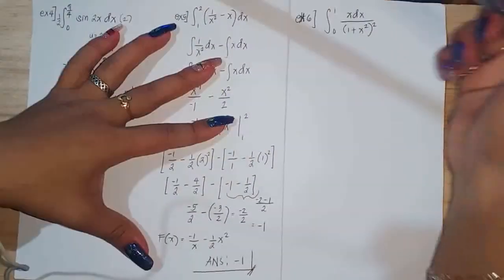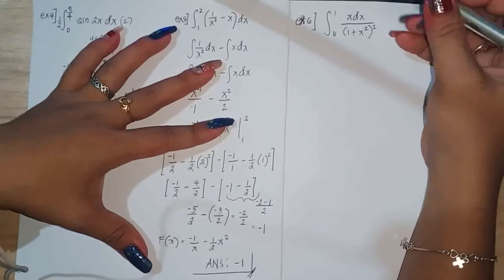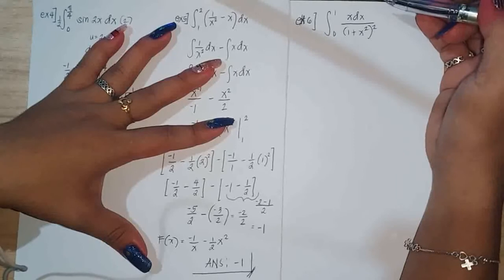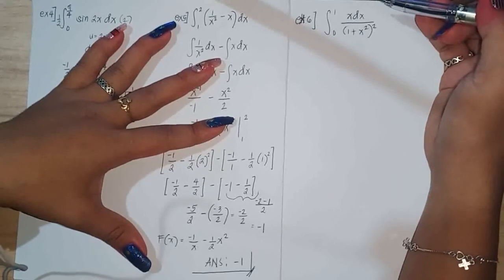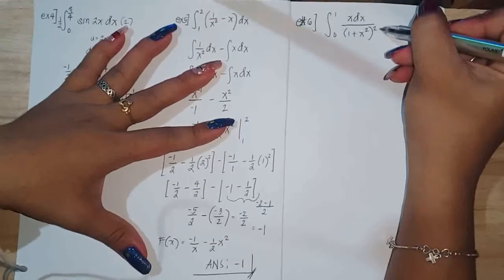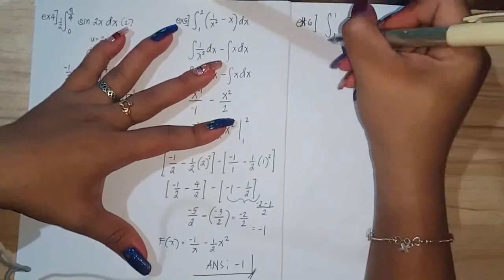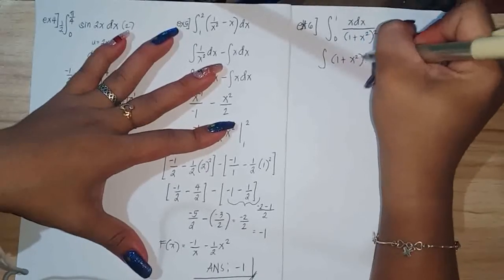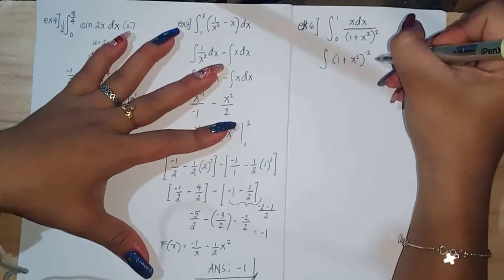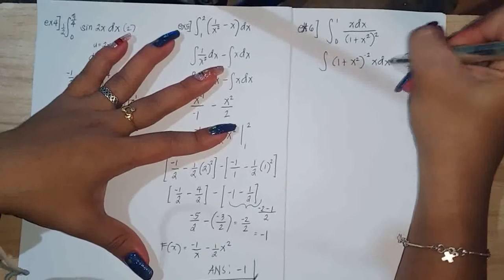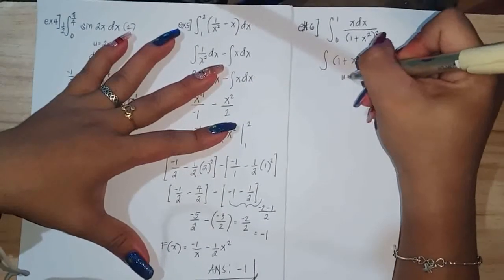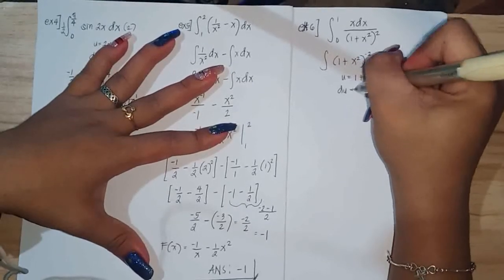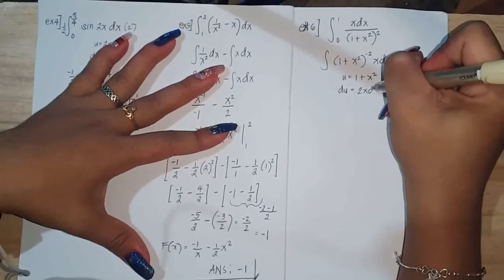Then for our last example, we will have example number 6, which is the integral of x dx all over the quantity of 1 plus x squared raised to 2. So first, kailangan nating itaas si denominator. So we will have the integral of 1 plus x squared raised to negative 2 multiplied by x dx. Now if we let u as 1 plus x squared, you will now have the du as 2x dx.